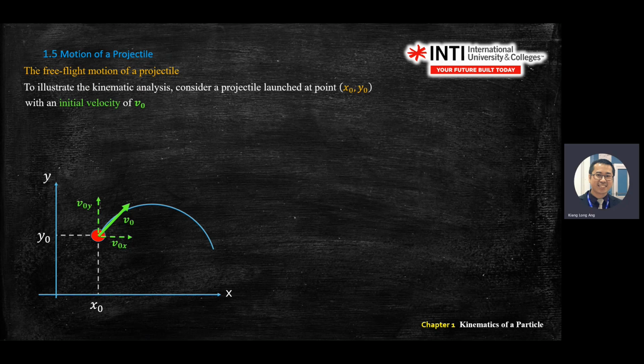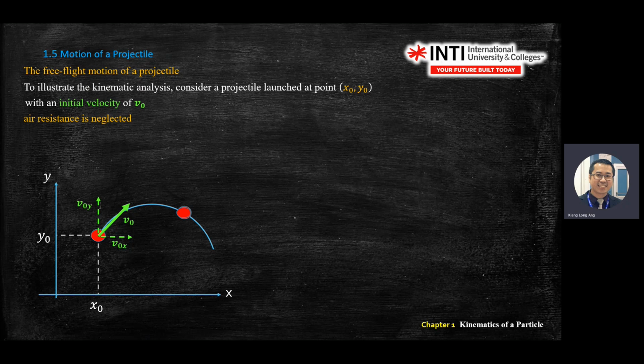So let's say this red dot, we are still at particle dimension. So you make a projectile, as you see on the screen here, you make a projectile halfway. Let's say this particle moves a certain way, and then you stop there. At that particular time, we ignore air resistance first.